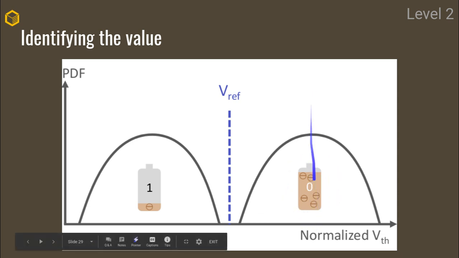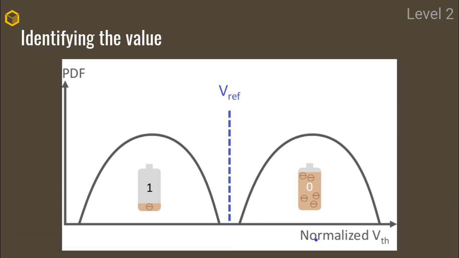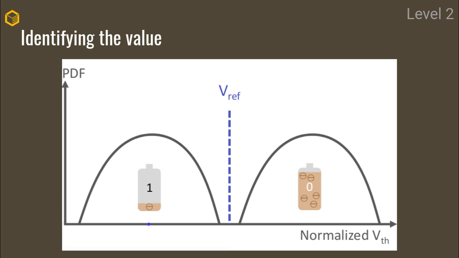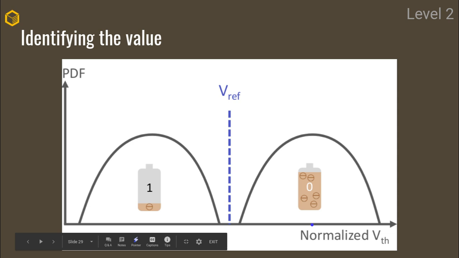For a given logic bit memory value, I would have a given threshold voltage for each state. So for one, I would have one point which is the threshold voltage for the value I'm expected to store in the memory, and a single point for the value I would want to store for 0.